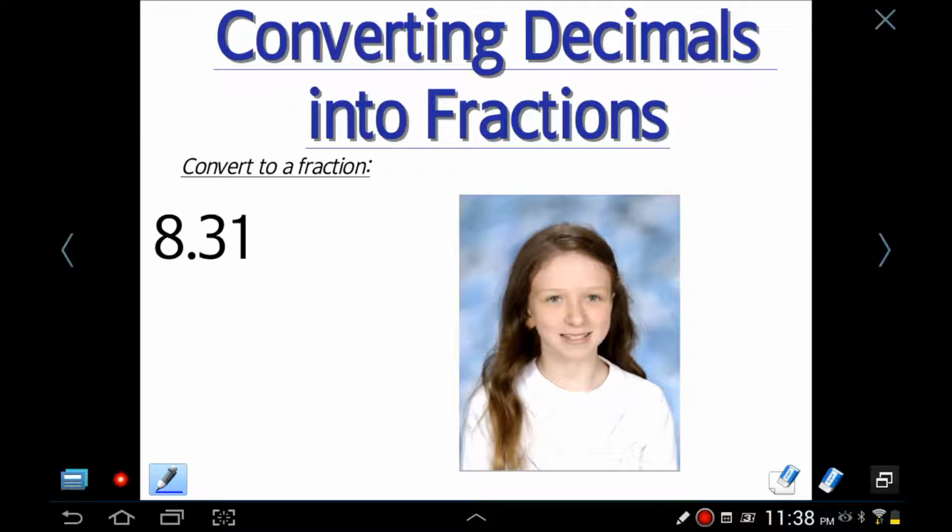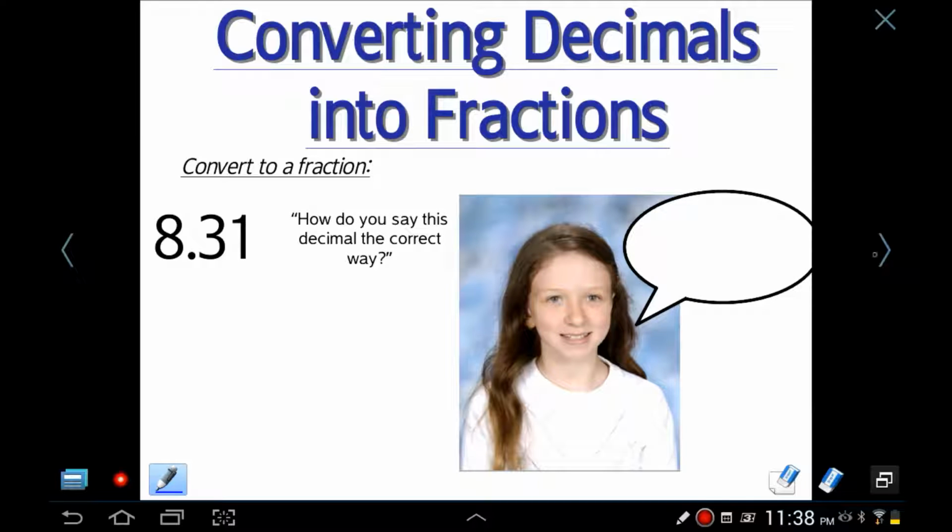Let's move on here. So we have 8.31, which Victoria is going to help us with. How do you say this the correct way, Victoria? And she told me the other day that she would say 8 and 31/100ths. Now 8 is the whole number, so Victoria had that right. 31 is the number after the decimal, and hundredths is the place value. So that 1 is in the hundredths place.